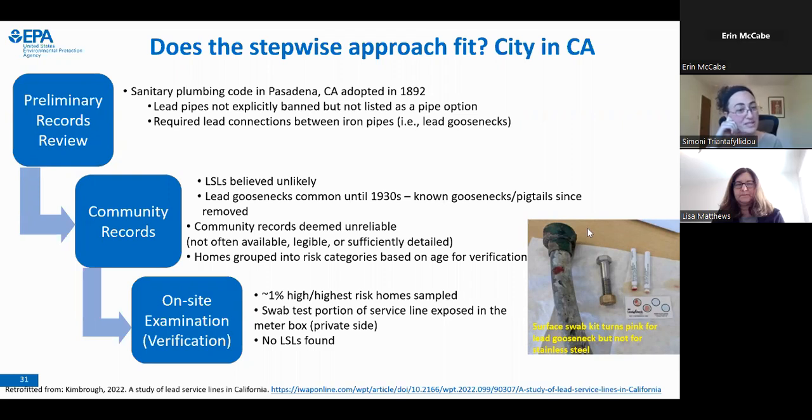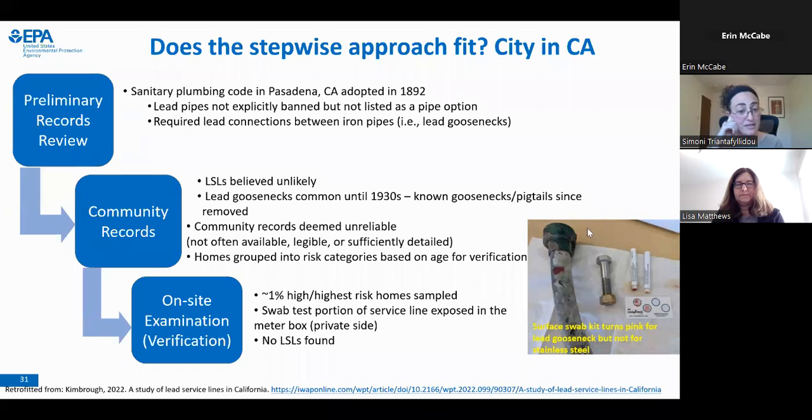But when they looked into community records more closely, they didn't deem those reliable because they were not often available, legible, or sufficiently detailed. So instead, what they did was to group homes into risk categories based on their age for verification purposes, and then perform an on-site examination where about 1% of their high and highest risk homes were sampled.